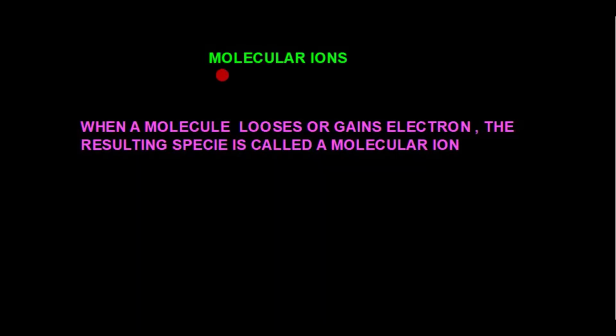We will study the next concept, that is molecular ions. We must know what molecular ions are. When a molecule loses or gains an electron, the resulting species is called a molecular ion.